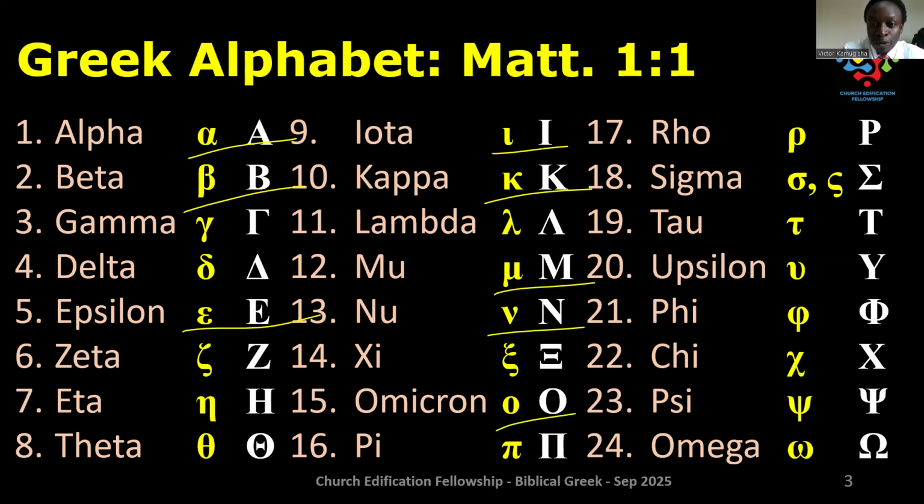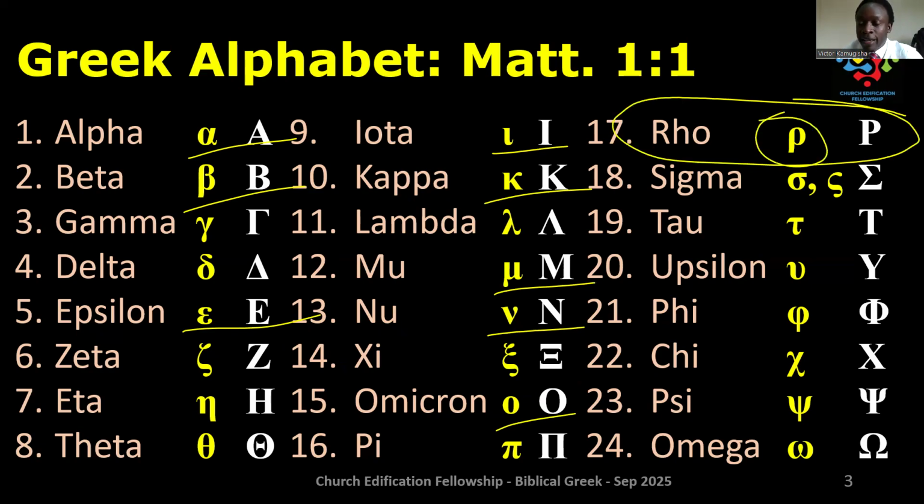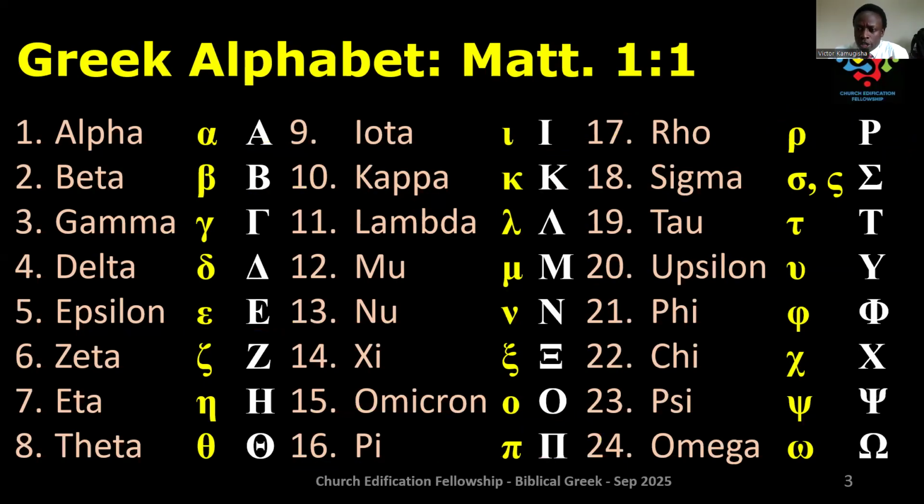But when you look at, for example, rho, it's written in this way, small, but the uppercase is like a P. Yet when you come to our pi, the uppercase is not the P. So there, just pay attention to similarities and differences, so that you don't get confused. It takes more time for you to study the letters, then it will become natural to you.